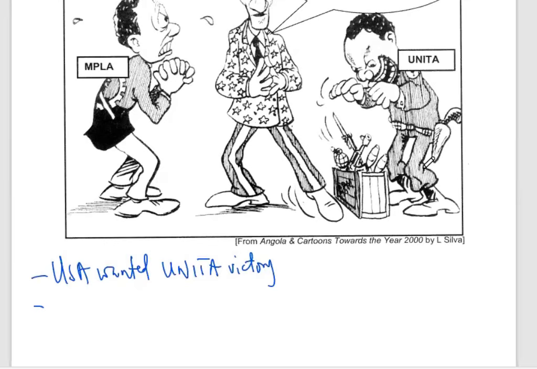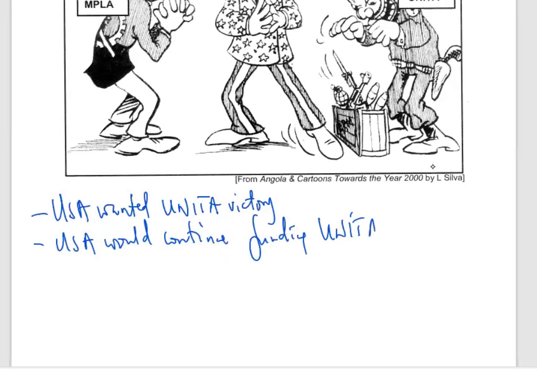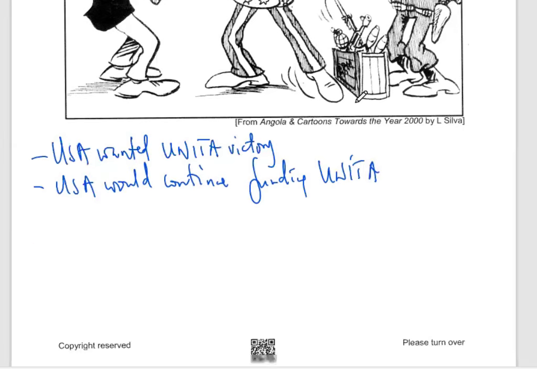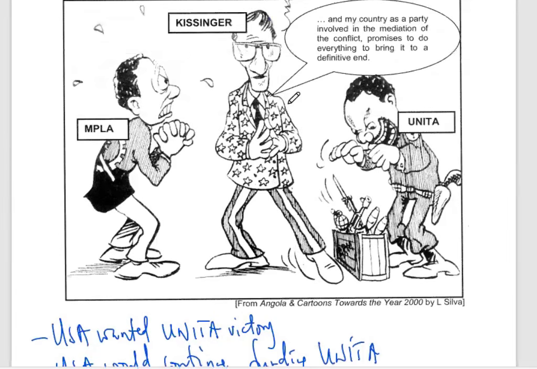And also, what can we also argue? The USA, even though they're mediating, would continue funding UNITA. As we can also see there, he is pushing aid towards UNITA while he's trying to mediate.